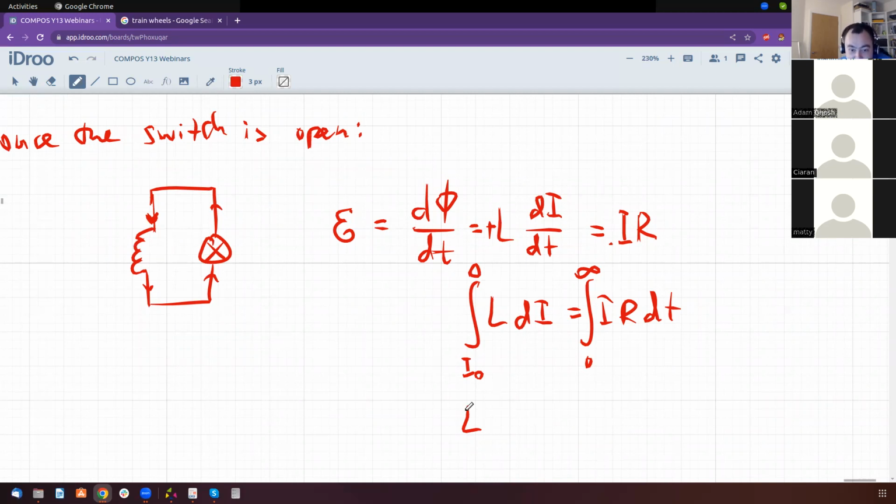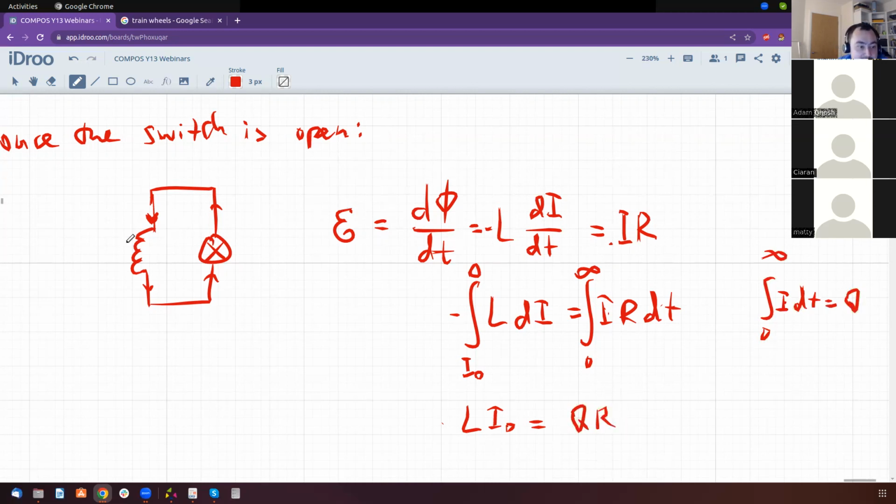And here, if we integrate this, it is going to be L. Oh, that's where the minus went. Okay, that makes sense. So you do need a minus here, so it's going to be minus minus. So L I0 equals, now the integral of I dt is the total charge, Q. So that's equal to QR.